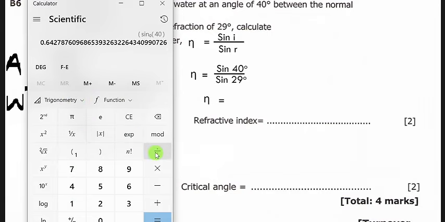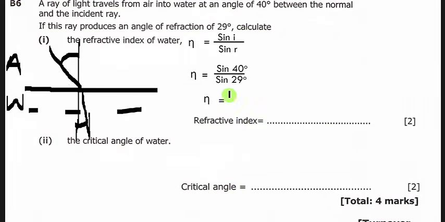Then close brackets, then divided by, then open brackets, then 29, then again go to sine, then close brackets and press equal to. So I've found what? 1.3. So the answer will be 1.3 as the refractive index.